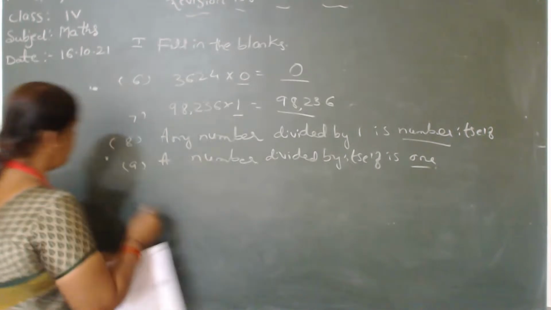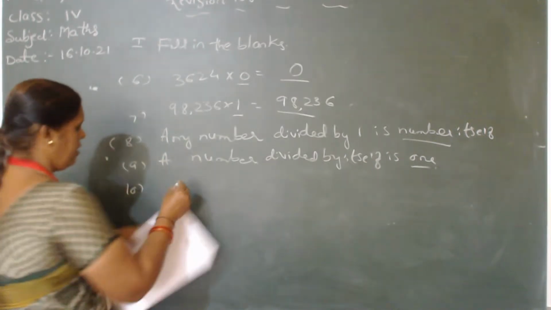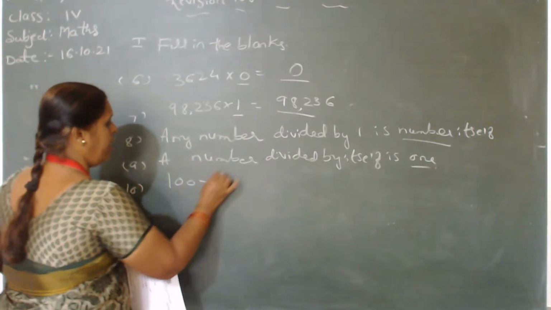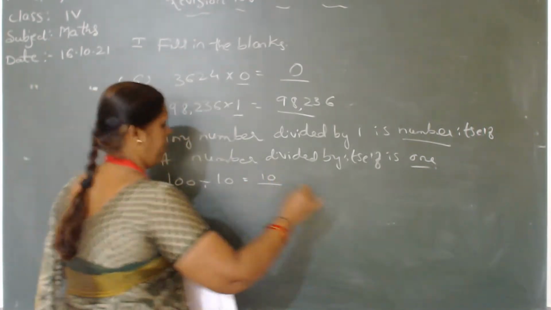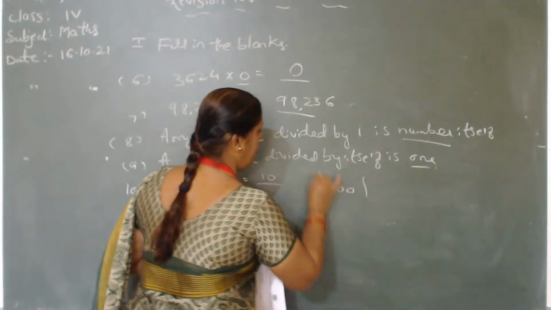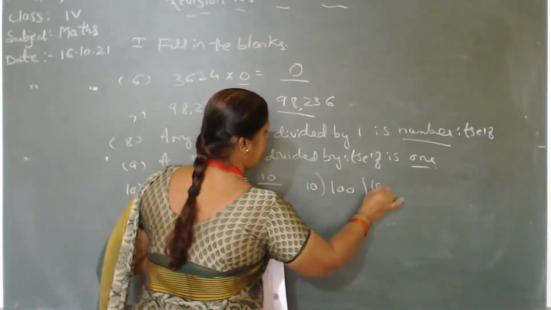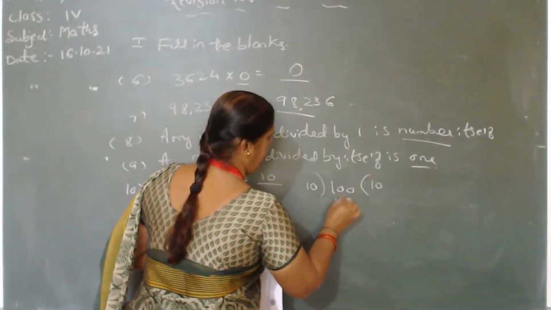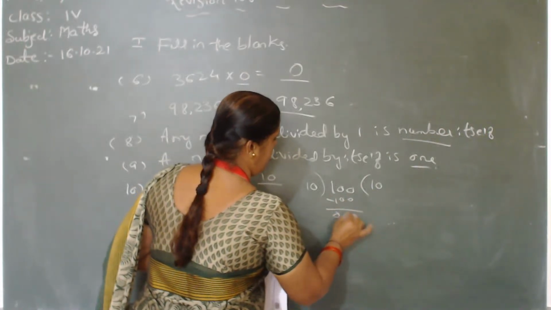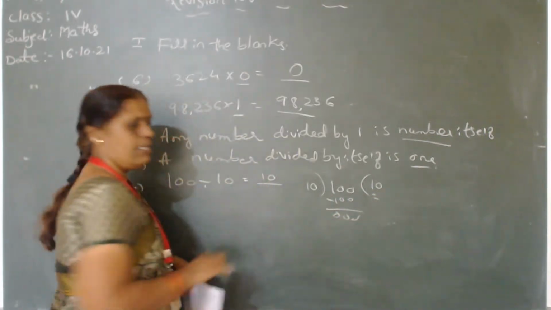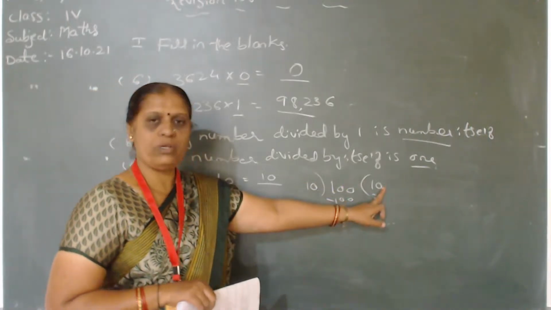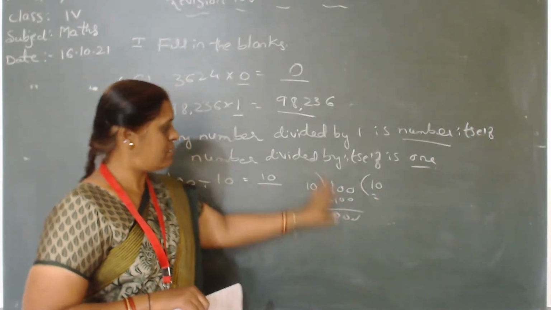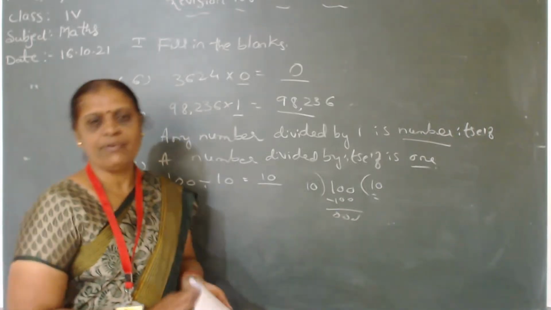So the last, the tenth one: 100 divided by 10 is equal to, the answer is 10. You can do the division: 10 tens are 100. So the answer is 10. In division we have dividend, divisor, quotient and remainder. So these are the properties of division.